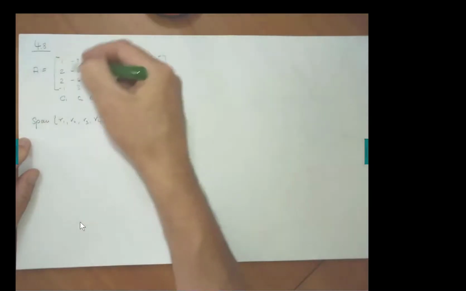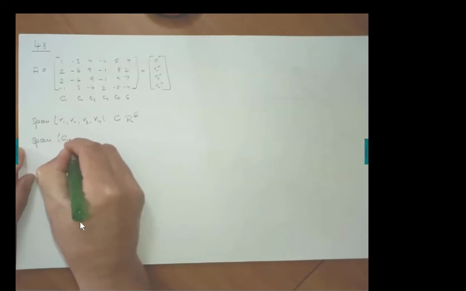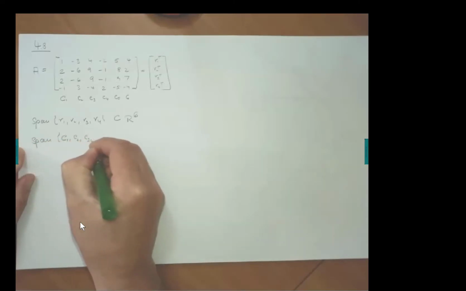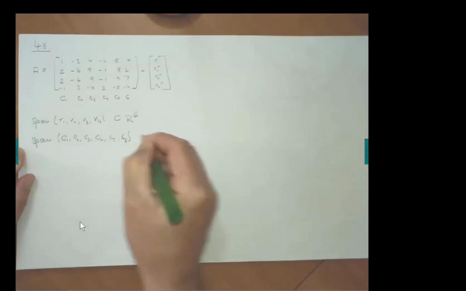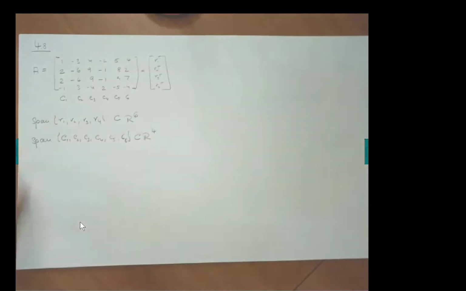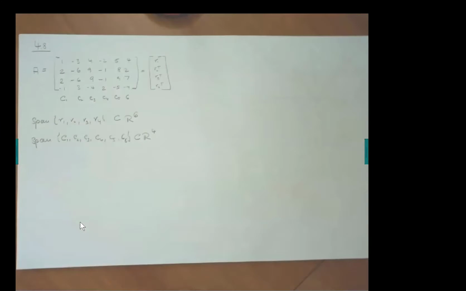And we can also look for the span of the column vectors C1, C2, C3, C4, C5, C6. That's obviously a subspace of R4, because every column has 4 components. All these vectors live in R4.